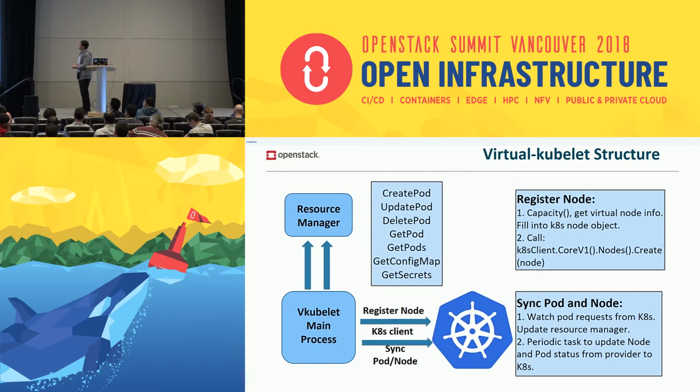First, it's about how to interact with the Kubernetes cluster and the resource manager. The virtual kubelet main process does 2 important things. One is registering the node. It will call the provider function called capacity.